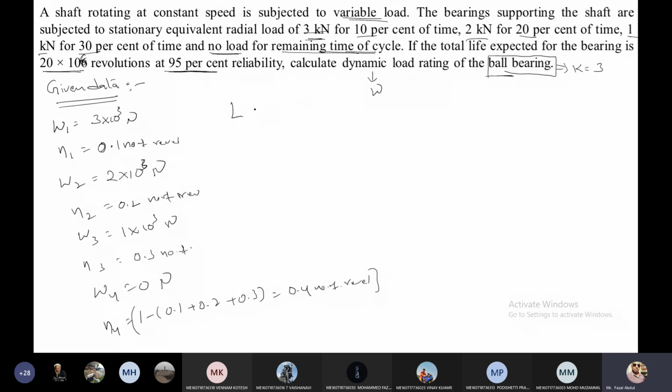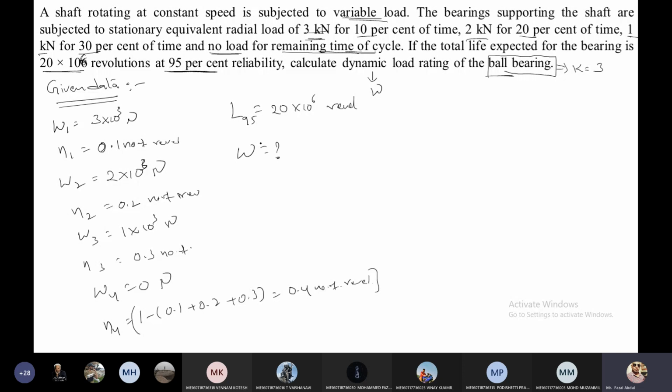now life of bearing is given 20 into 10 to the power of 6 revolutions for the 95% reliability, and the question is asking how much dynamic load rating.